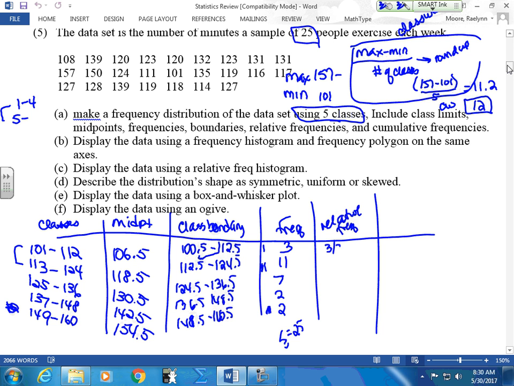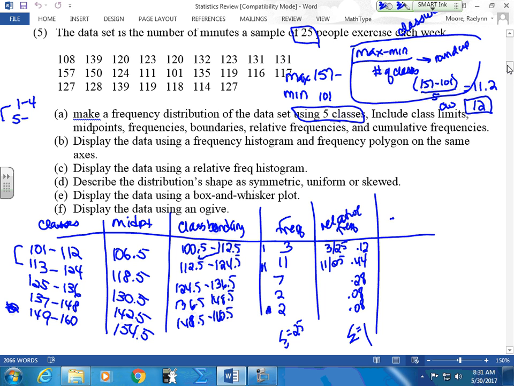Relative to that 25, part over whole. Part over whole, we're going to just get them to be decimals. So this becomes 0.12, this becomes 0.44, this becomes 0.28, 0.08, 0.08. And what should this column add up to? 1. Good, because that's 100%.